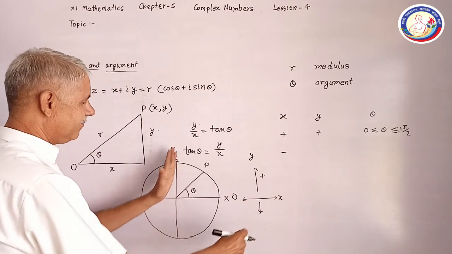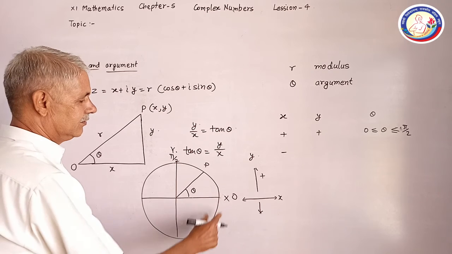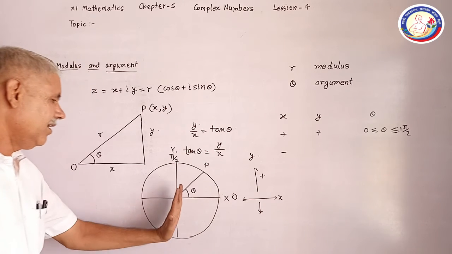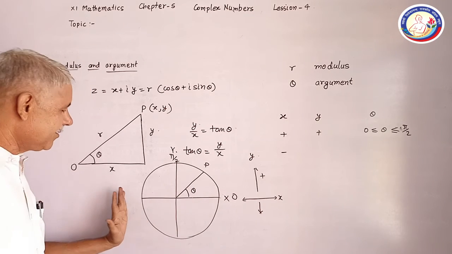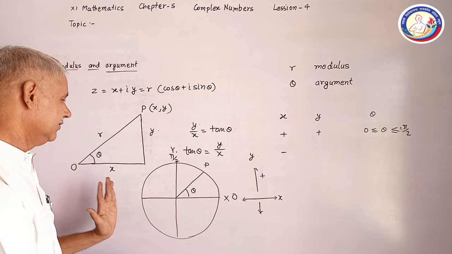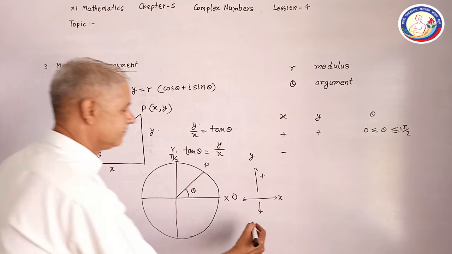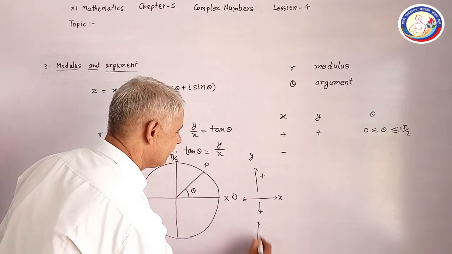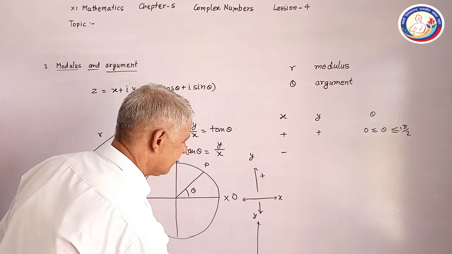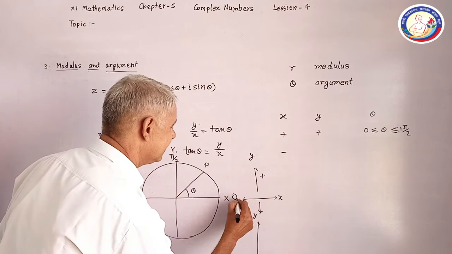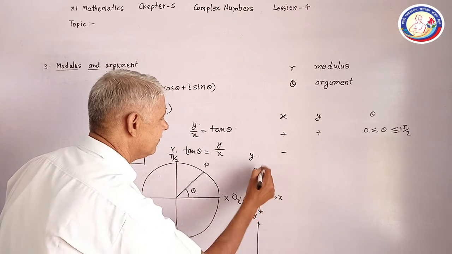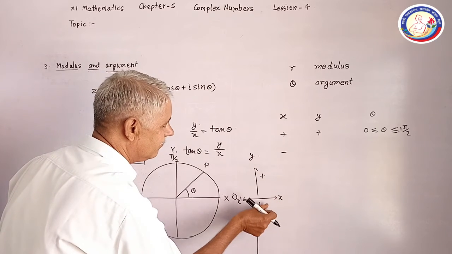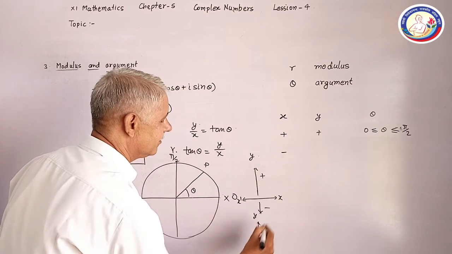On the right hand side of the y-axis, x is always positive, and on the left hand side of this y-axis, x will be negative. So this is the y-axis, y prime, and this is x prime. y is always positive above and always negative below.